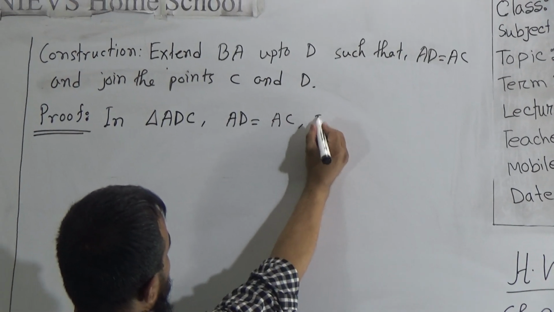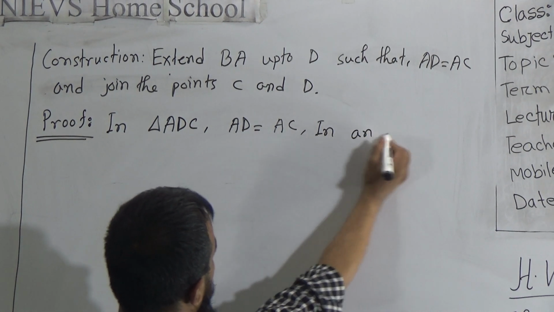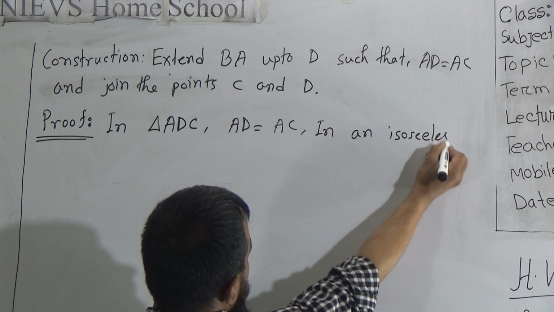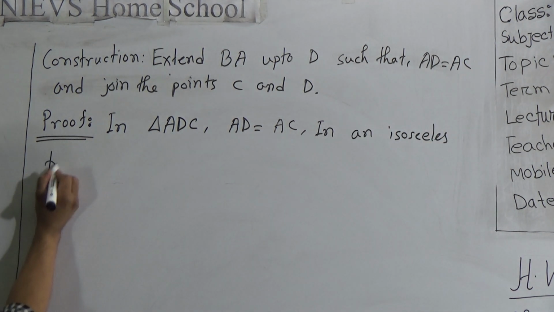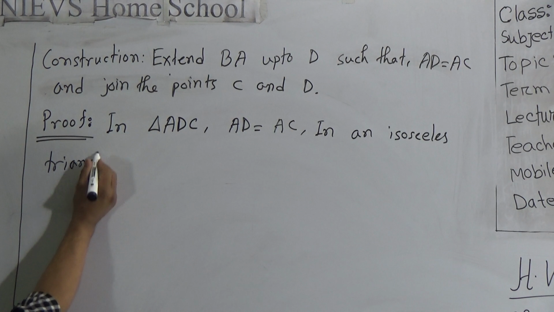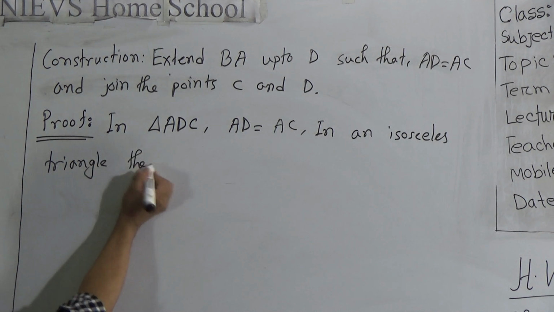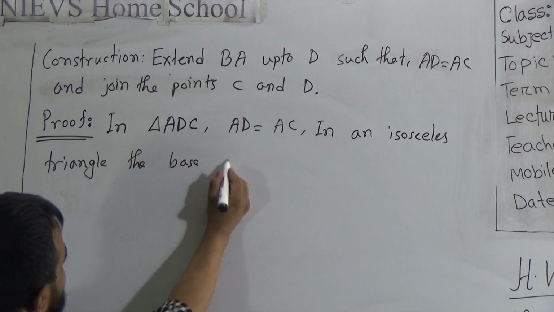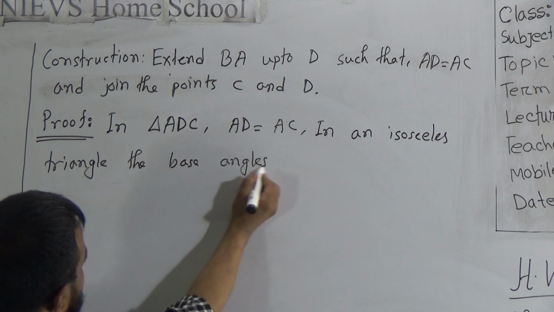And we know that in an isosceles triangle, the base angles are equal.